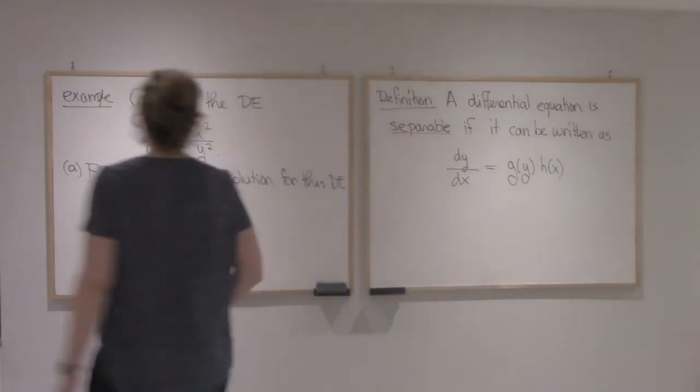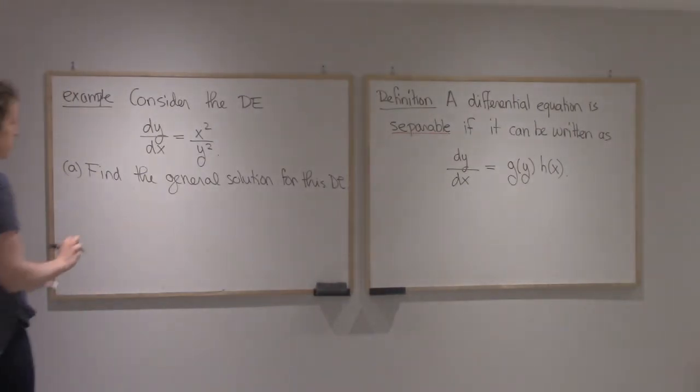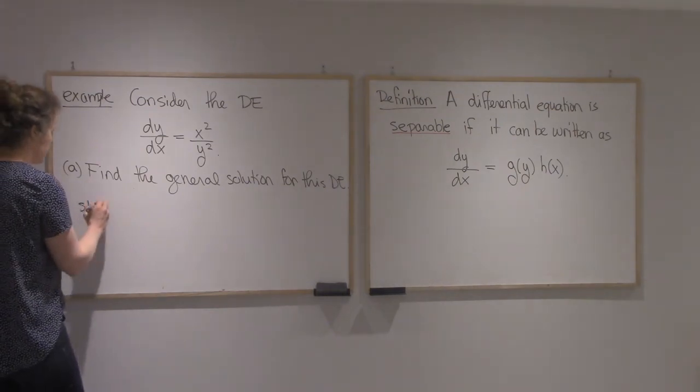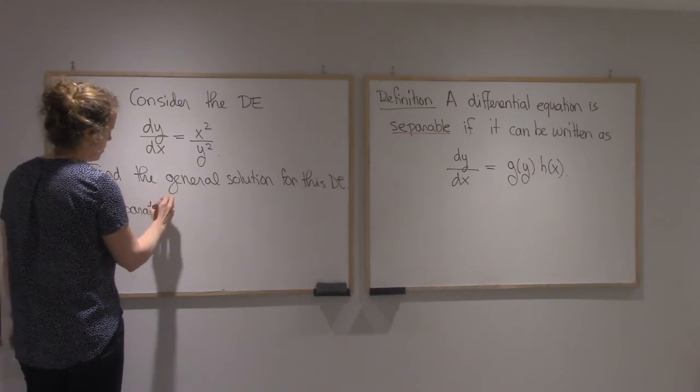So the first thing you should do is separate your variables. Put all the y's on one side, all the x's on the other side. So step one, I'm going to separate the variables.